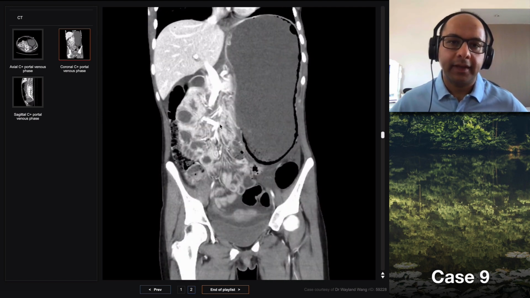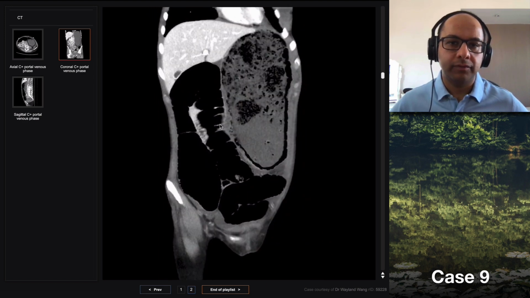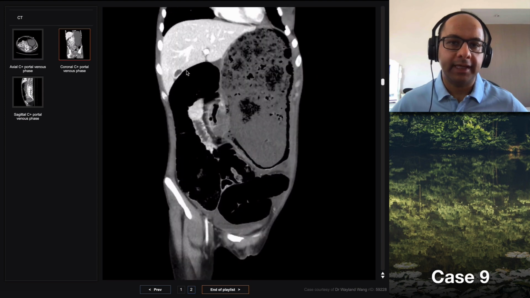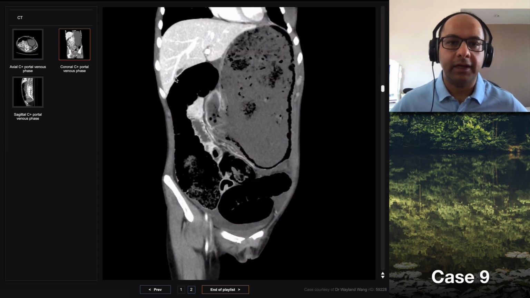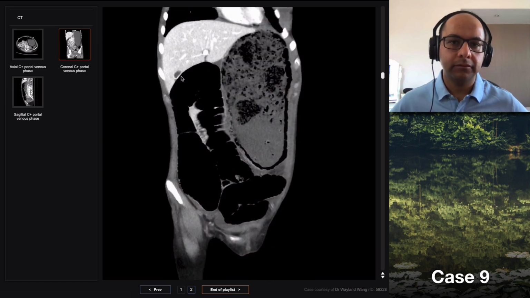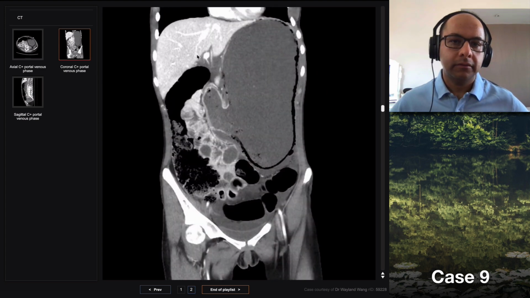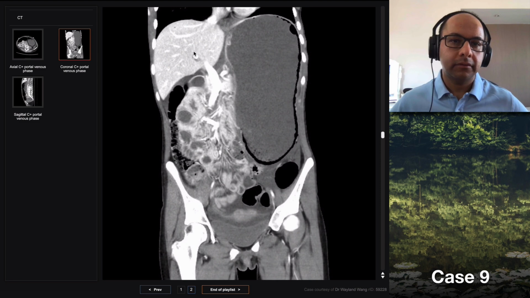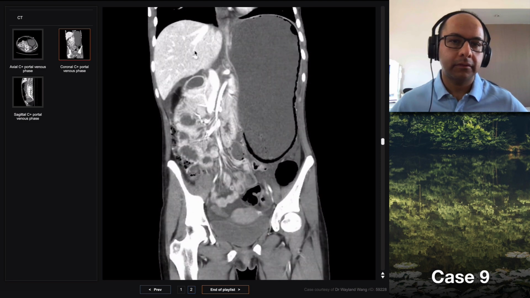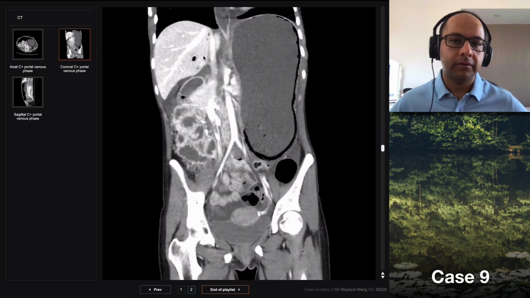So that gas within the liver, where do you think that is? We have two main places we see gas within the liver, don't we? It's either in the portovenous system or in the biliary tree. To decide whether it is portovenous or biliary, from memory, I believe portovenous is more peripheral, and in the biliary system, it will be more central.